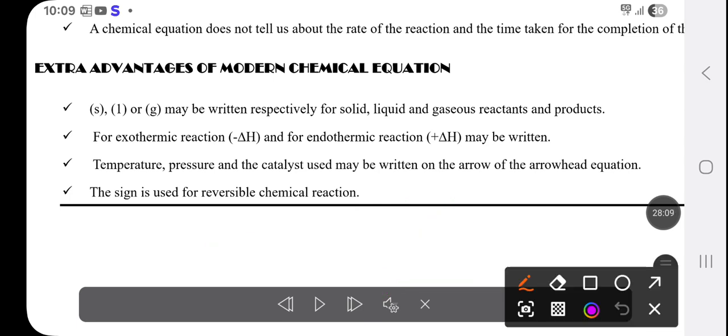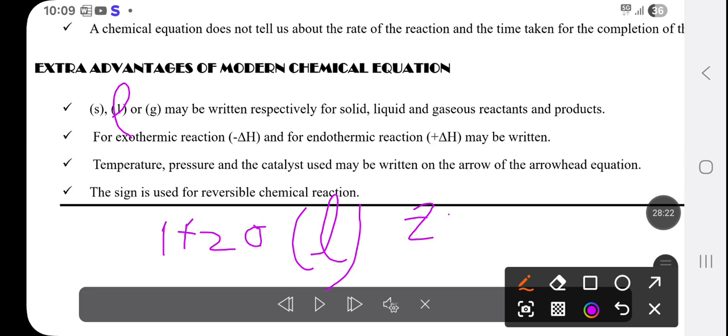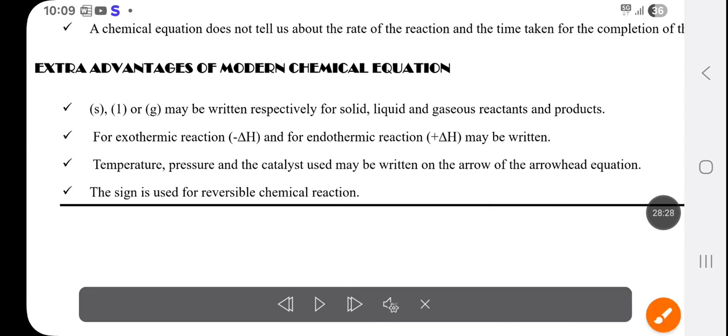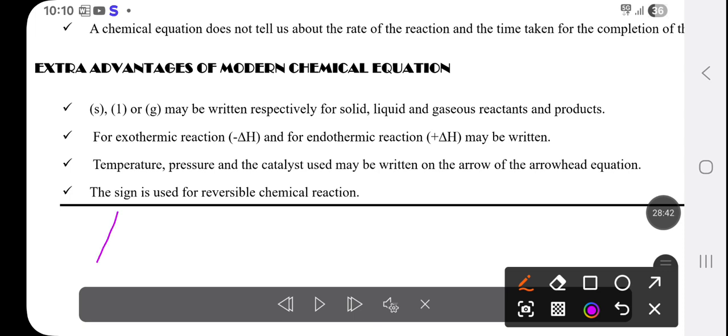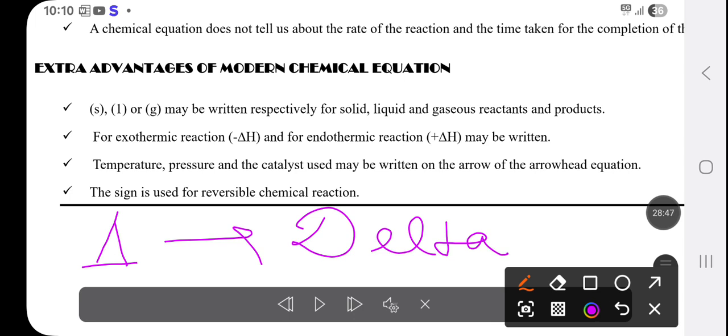With H2O, we can give L. It is L, not 1. With zinc, we could give S. That means it's solid. For an exothermic reaction, minus delta H, and for an endothermic reaction, plus delta H might be written. And this sign is a Greek letter known as delta, which means change.